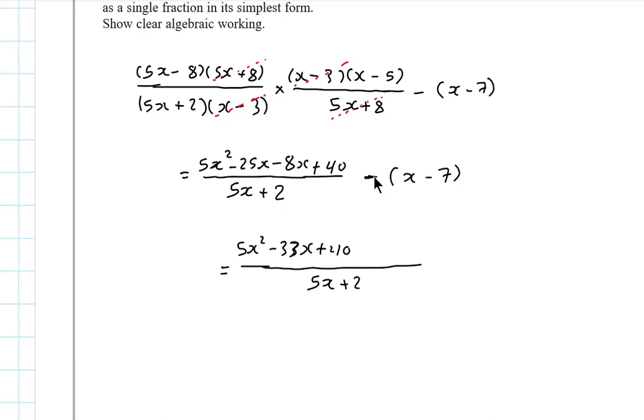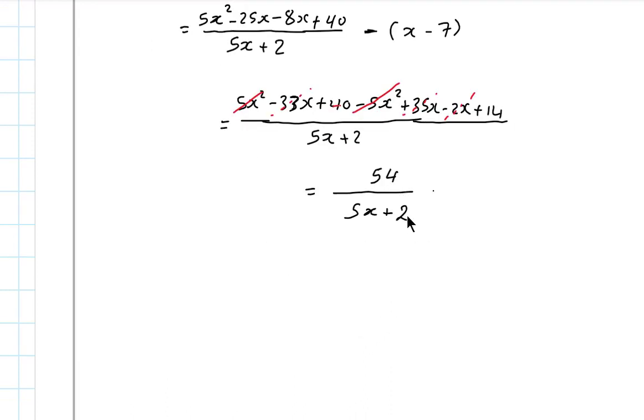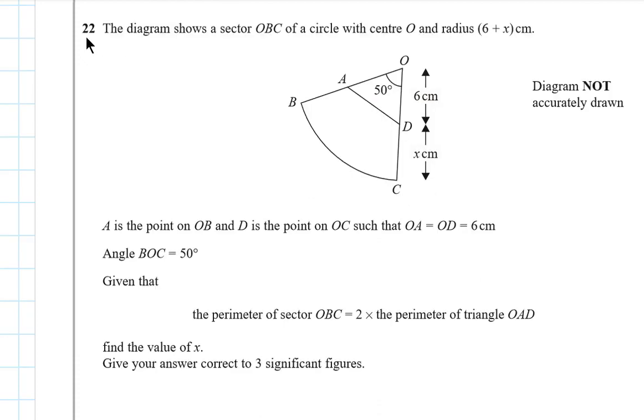Now we want to multiply this bracket with this bracket, but don't forget that we have a negative sign here, which means that after multiplying, change the sign, please. 5x times x, 5x squared, and we have negative 5x squared. 5x times negative 7 will be negative 35x, but we have the negative, so it will be positive 35x. And then 2 times x is 2x, negative 2x. 2 times negative 7, negative 14, so it will be plus 14. After simplifying, we can get the final answer, which is 54 divided by 5x plus 2.